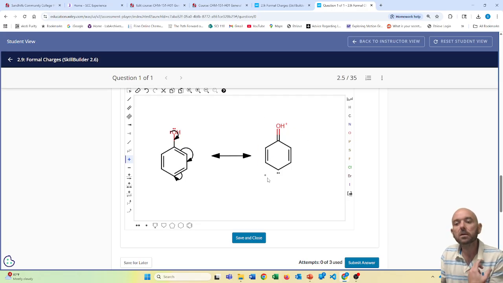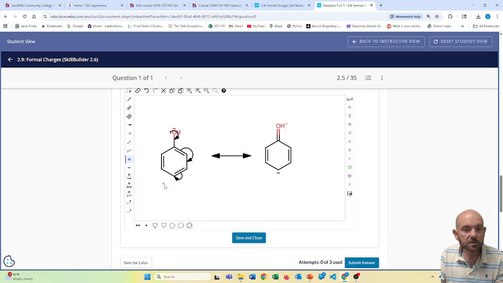So we want to also keep in mind that overall net formal charge should never change during a resonance action. So when I go from a neutral molecule here to one with charges over here, all of those charges must cancel out. So where does the negative formal charge go? Well, it should probably go on this carbon here with the lone pair of electrons, considering before we showed the resonance, this carbon was shown with no formal charge.